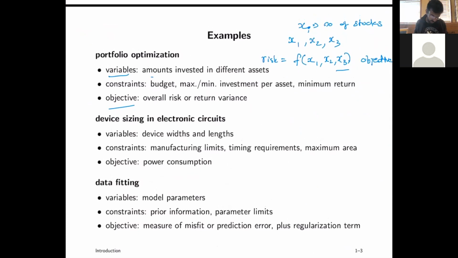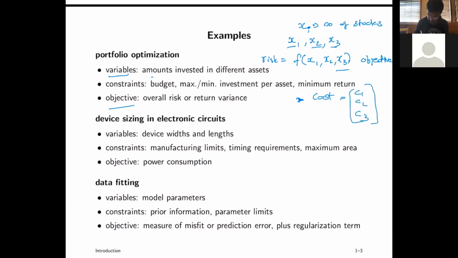Then constraints. Constraints could be anything. For example, x1 number, these are numbers, right? So I am saying that x1... Let's say the cost is something like C1, C2, C3.